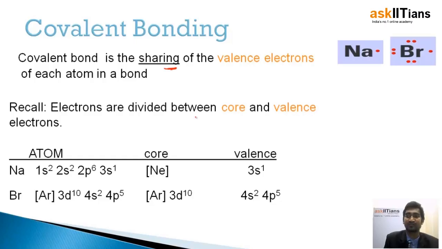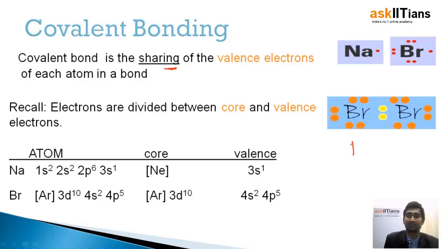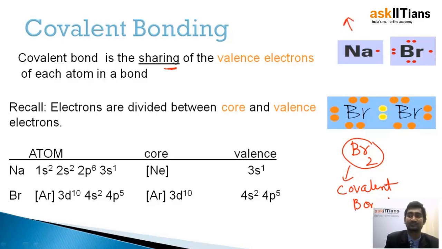In the case of sodium and bromine, there will again be ionic bond formation. But bromine atoms will combine to give Br2, with a shared pair. So in Br2 there will be covalent bonding, but in NaBr there will be ionic bonding.